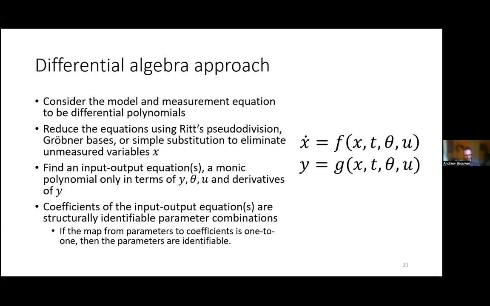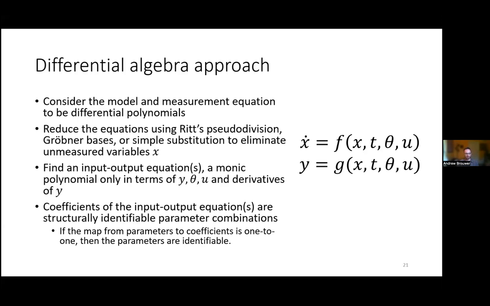I think it'll become a little bit clearer as I go through an example, but the idea is that all of the information that we can say that we know about a system is condensed in the input-output equation. And that includes our parameters.